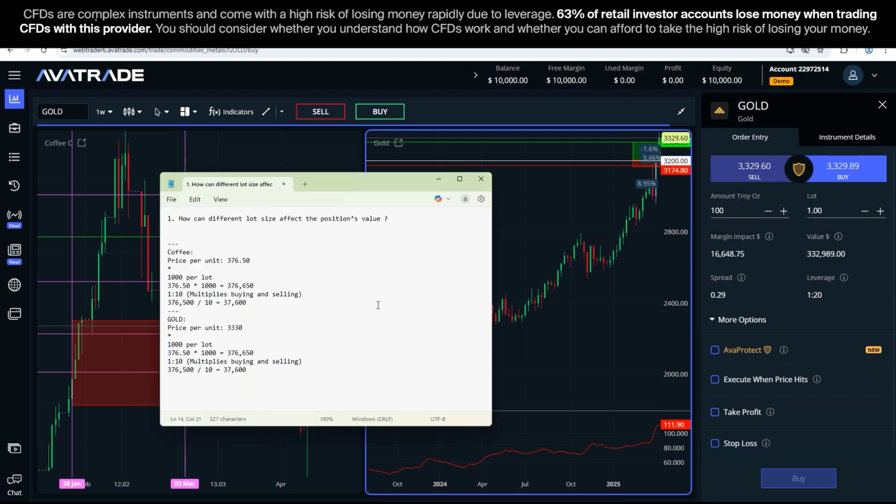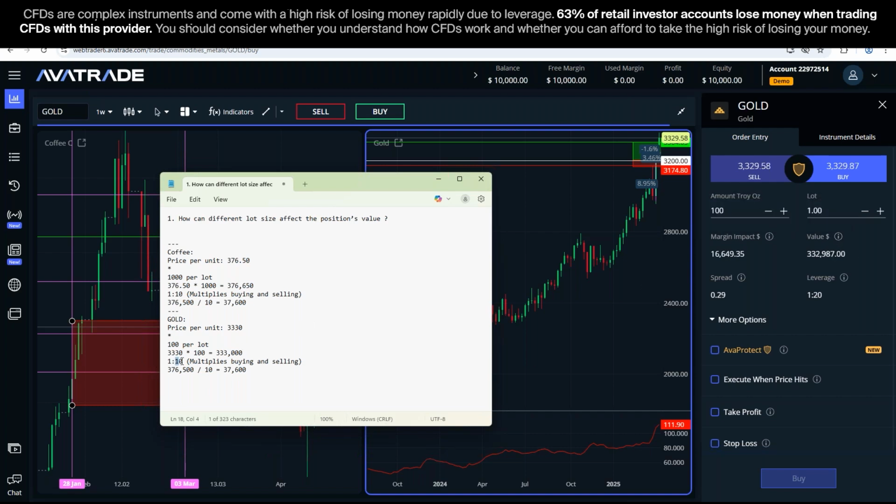Because, okay, we'll change the numbers and understand through the explanation. All right, so we got 3,330 times 100. Again, we don't have to remember that because the web trader does this for us automatically.